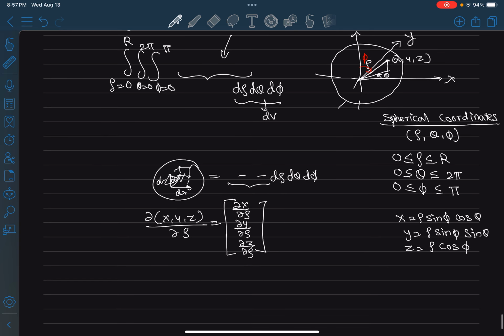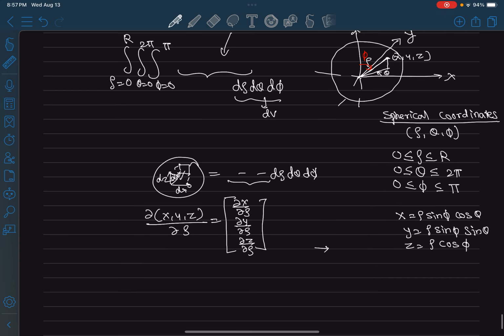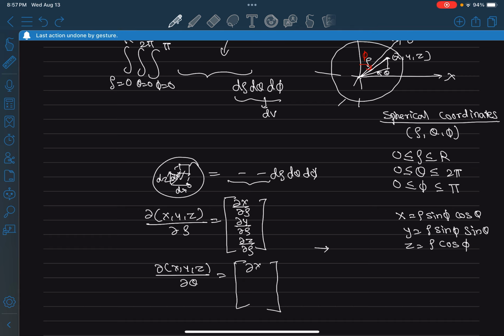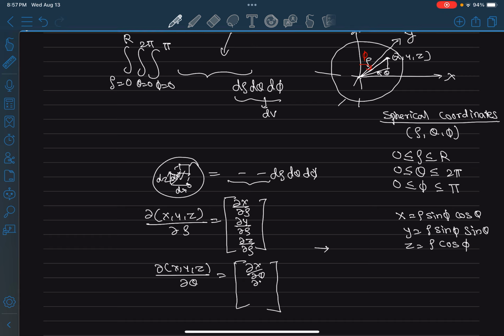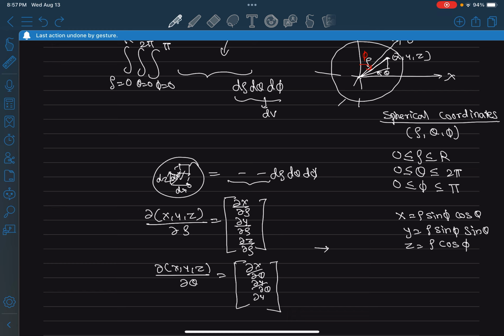That will give you what kind of change a small change in rho will create, right? Similarly, you can also try to find out how x, y, z will change with respect to theta, right? So you will again have a vector: dx by d theta, dy by d theta, dz by d theta.